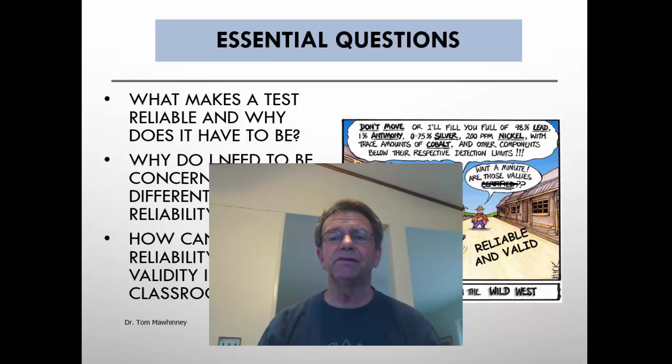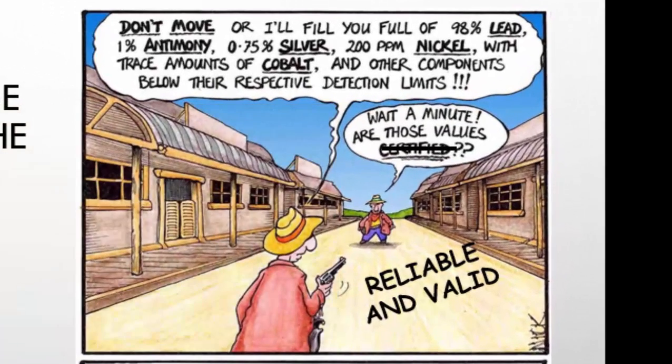Of course, I have a little cartoon here, and as you'll see, it says, "Don't move, or I'll fill you full of 98% lead, 1% antimony, 0.75% silver, 200 parts per millimeter of nickel, with trace amounts of cobalt and other components below their respective detection limits."